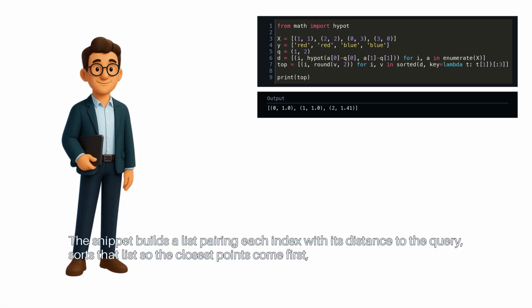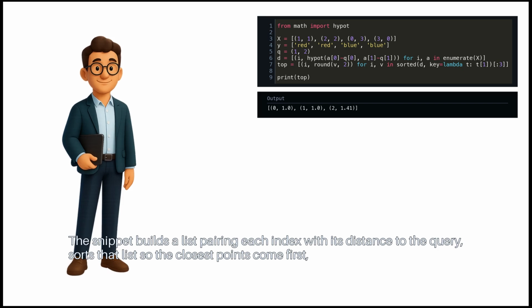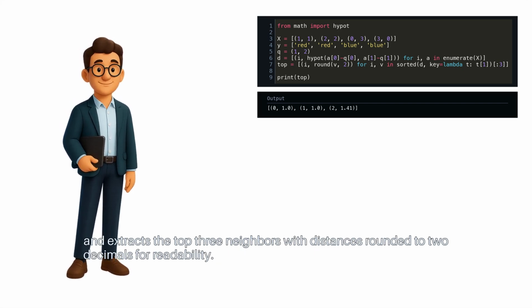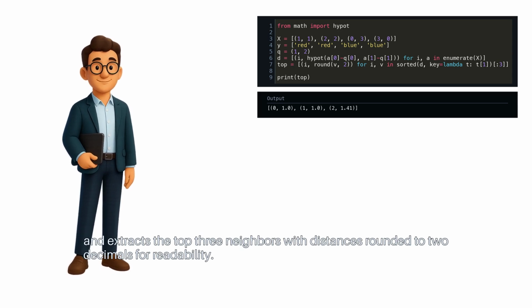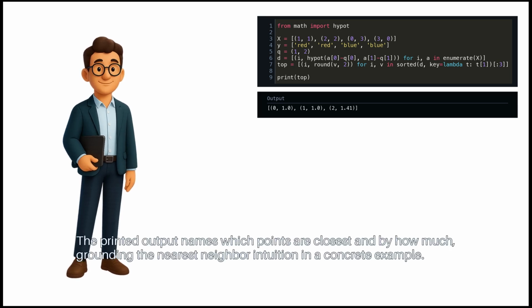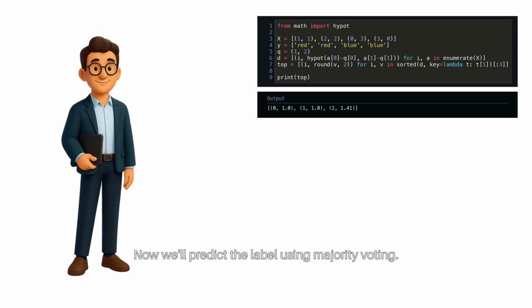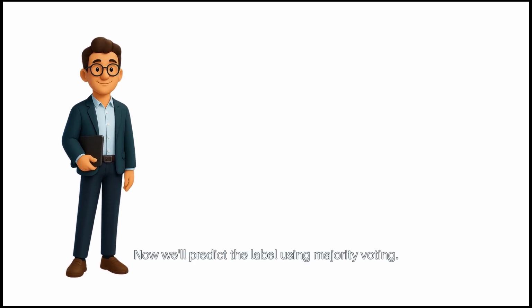The snippet builds a list pairing each index with its distance to the query, sorts that list so the closest points come first, and extracts the top 3 neighbors with distances rounded to 2 decimals for readability. The printed output names which points are closest and by how much, grounding the nearest neighbor intuition in a concrete example. Now we'll predict the label using majority voting.